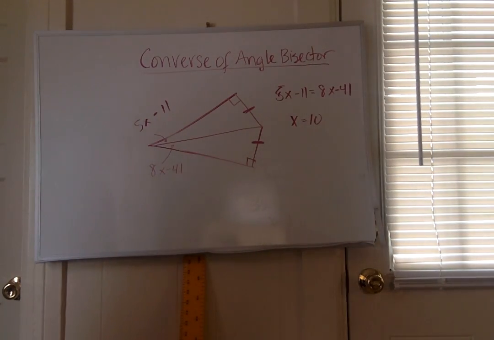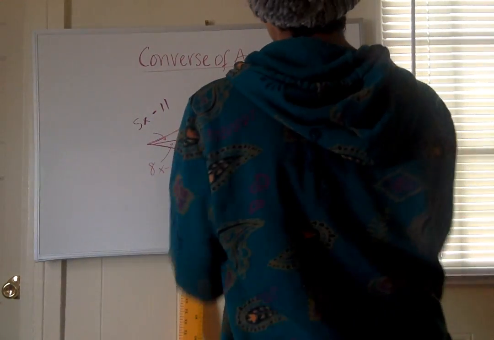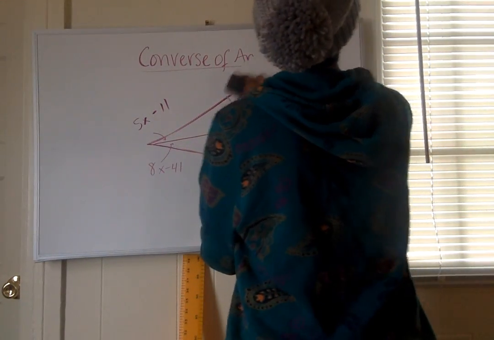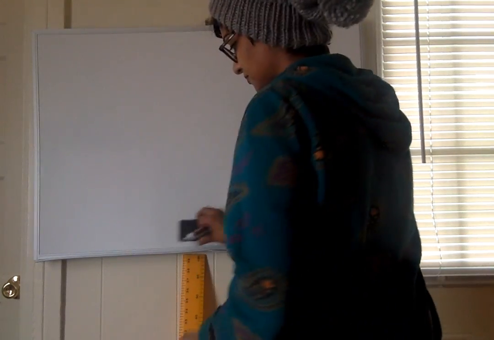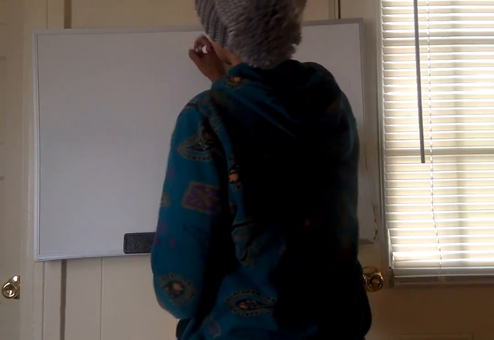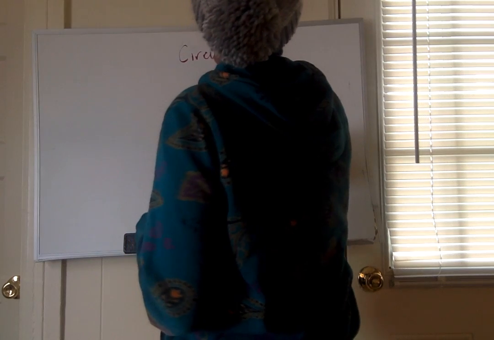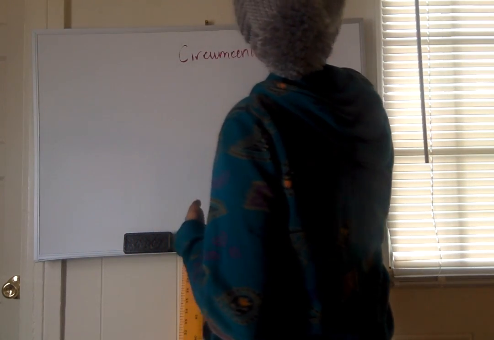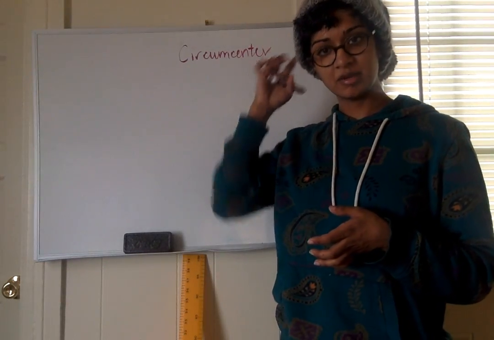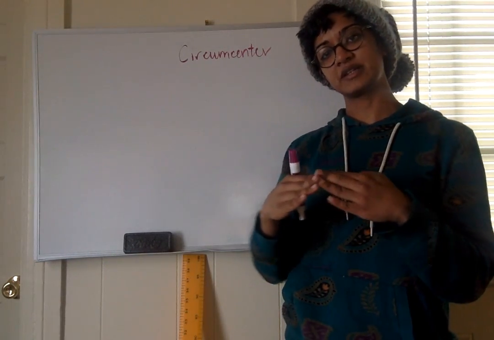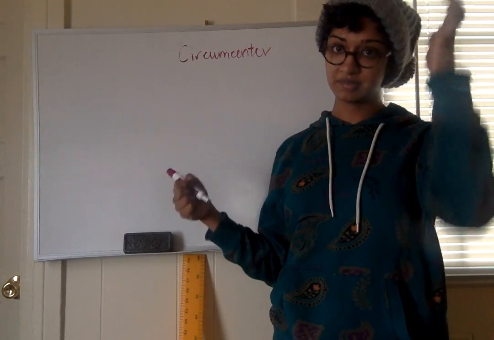Let's move on to circumcenter. And I pointed out earlier that circumcenter is connected to the perpendicular bisector because the perpendicular bisectors all intersect at this one point called the circumcenter.